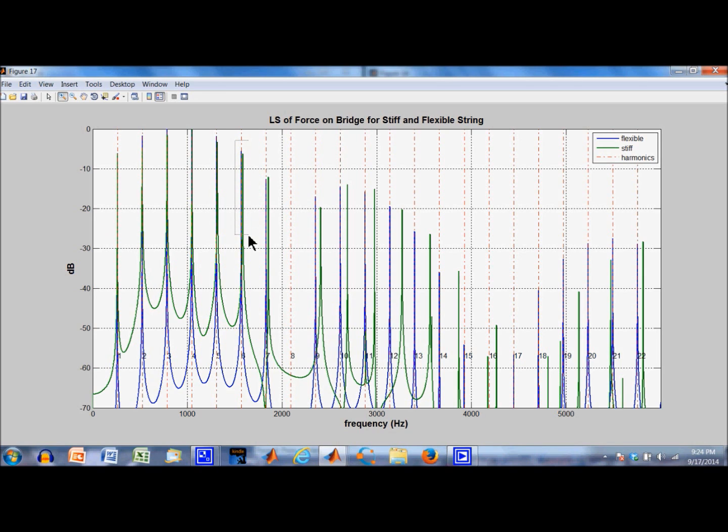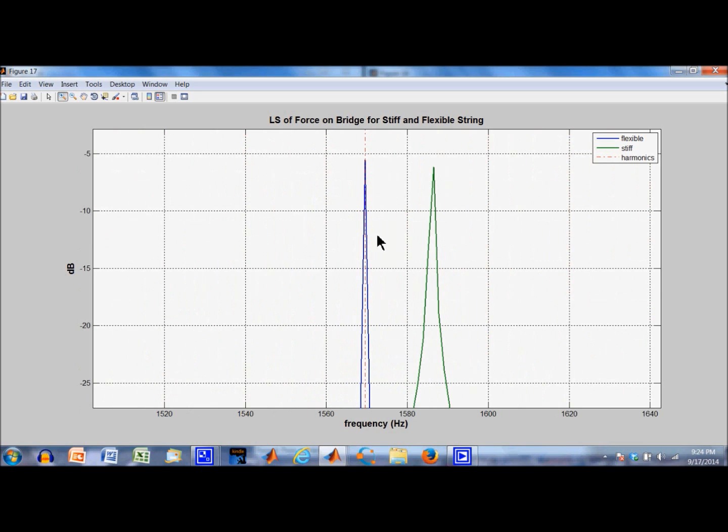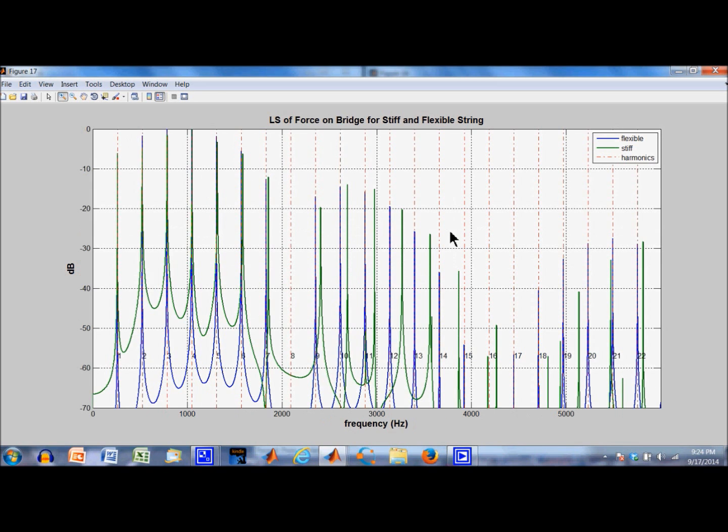For example, I think it's the 6th partial and the 6th harmonic. The red line is the harmonic, and the flexible string's peak is right on the harmonic. However, the stiff string's partial is displaced to the right. It's at a higher frequency. This displacement gets bigger as the frequency gets bigger.